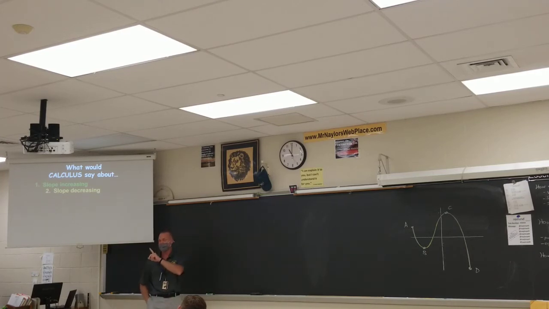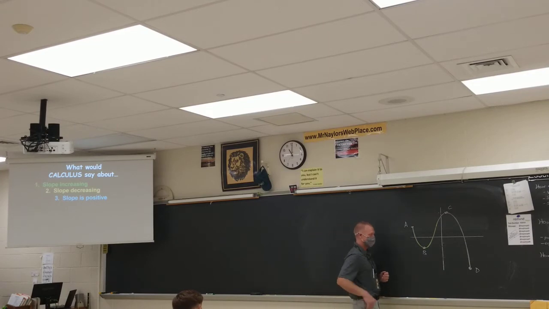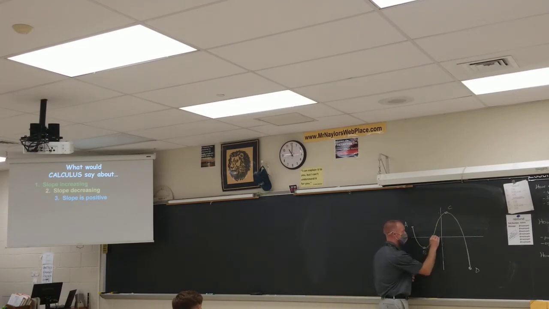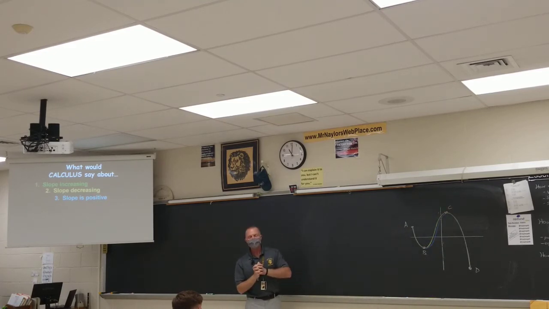That's not all. How about a positive slope? Now, positive slope would mean that the rise over the run is positive. This one sometimes is a little bit easier to grab onto.